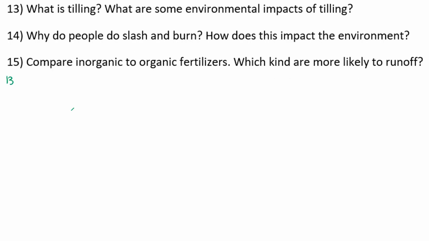Okay, number 13. What is tilling? What are some environmental impacts of tilling? So tilling is plowing or harrowing the land to prepare to cultivate.